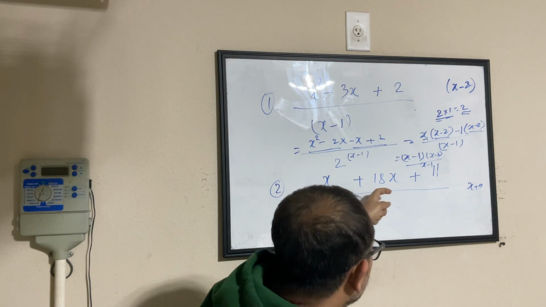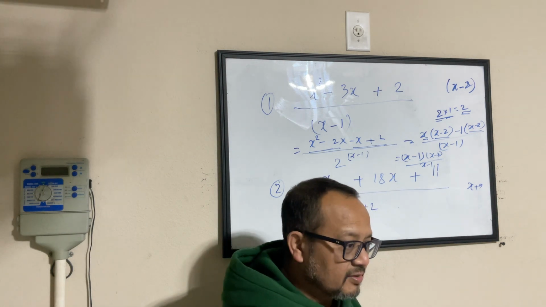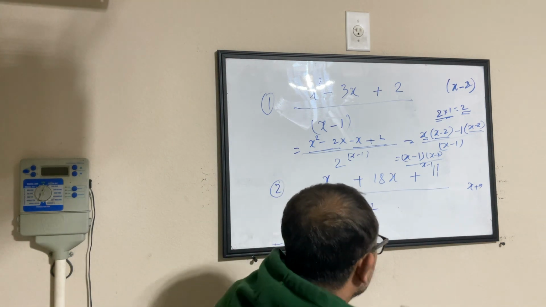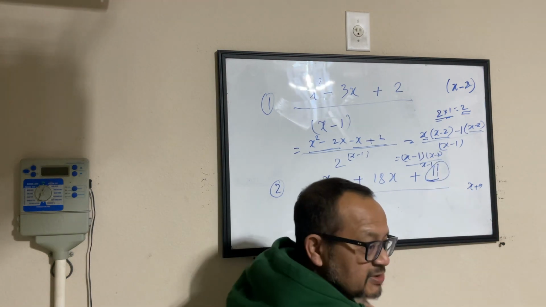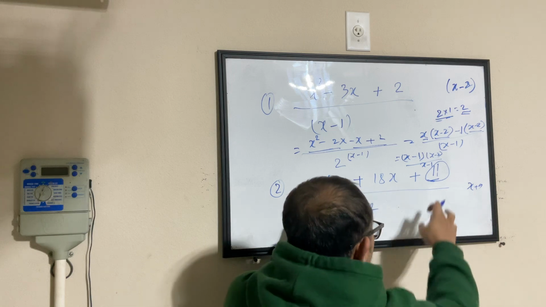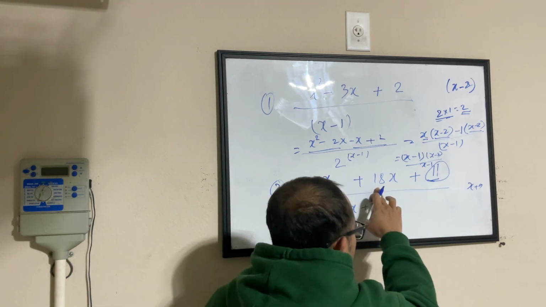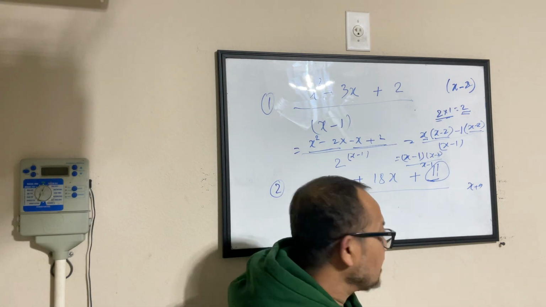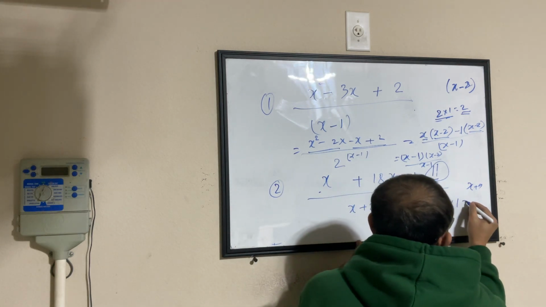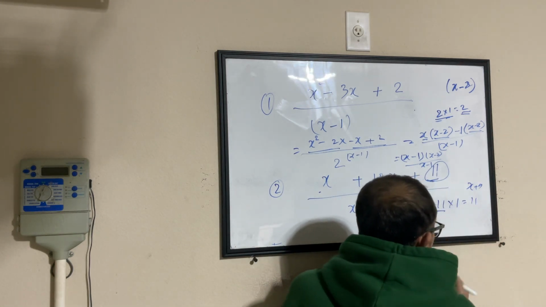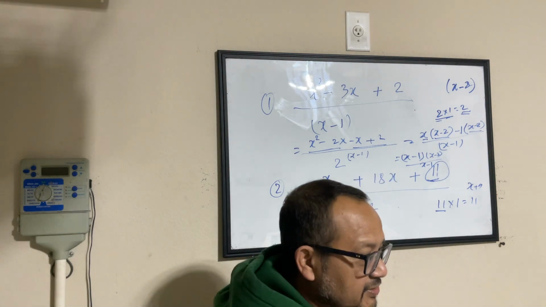Now look at the second problem: x squared plus 18x plus 11. Again, 11 is not a perfect square. The only option we have is to take a and c and see how you can break b into two parts. Here a and c is nothing but 11 into 1, which is 11. And this being a prime number, there is no other factor you can think of.